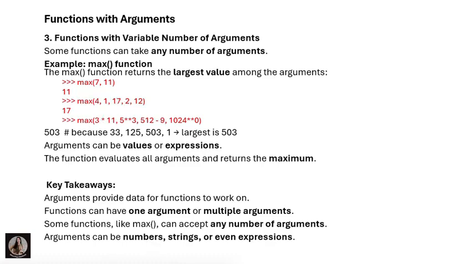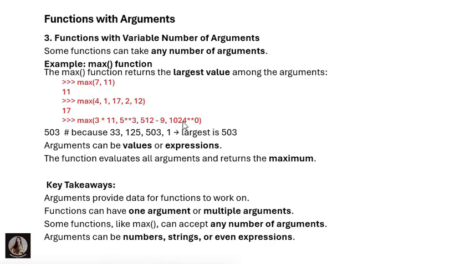Maximum of 3 into 11, 5 exponent 3, 512 minus 9, 1024 exponent 0. Here, it will calculate first. 3 into 11 gives 33. 5 exponent 3 gives 125. 512 minus 9 gives 503.